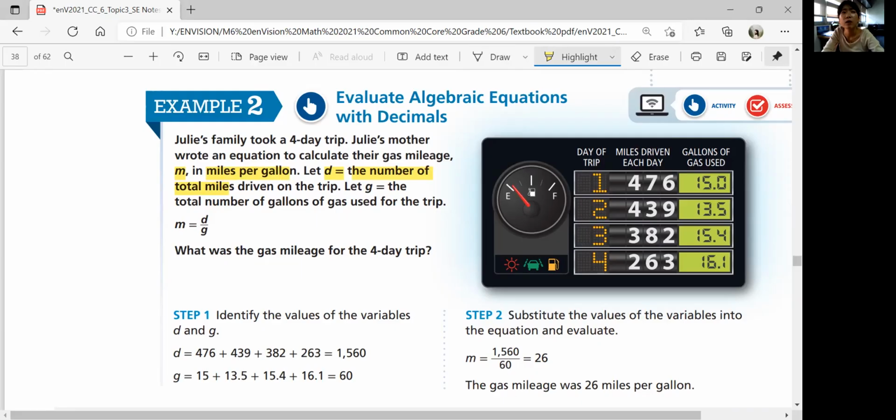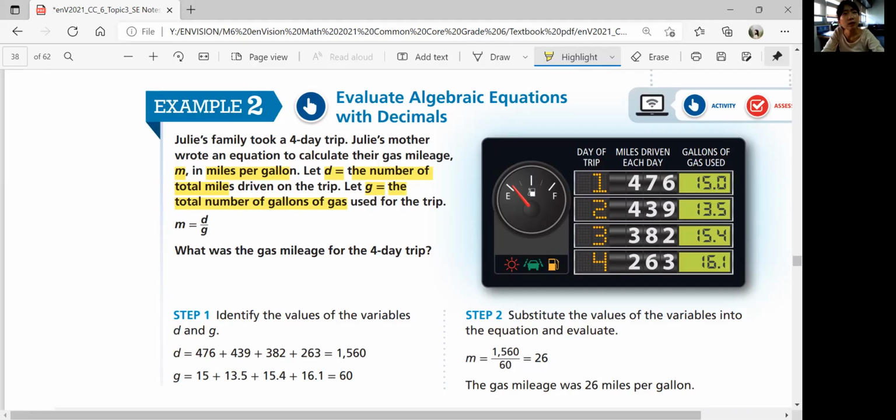M is miles per gallon, so for every gallon, how many miles are they going? And then G is equal to the total number of gallons of gas used for the trip. So if you have more gas, you can go more distance, depending on how much gas your car needs to use for every mile, right?